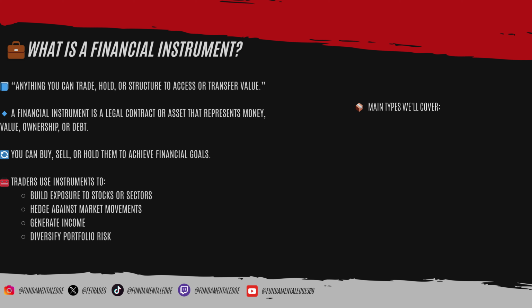These can amplify gains or hedge against losses, but they also carry complexity. And finally, we'll explore alternative instruments like REITs, commodities, and currency ETFs, which give you exposure to the real-world economy in creative ways. This mix is what lets you build a complete portfolio, one that's balanced between growth, income protection, and diversification.